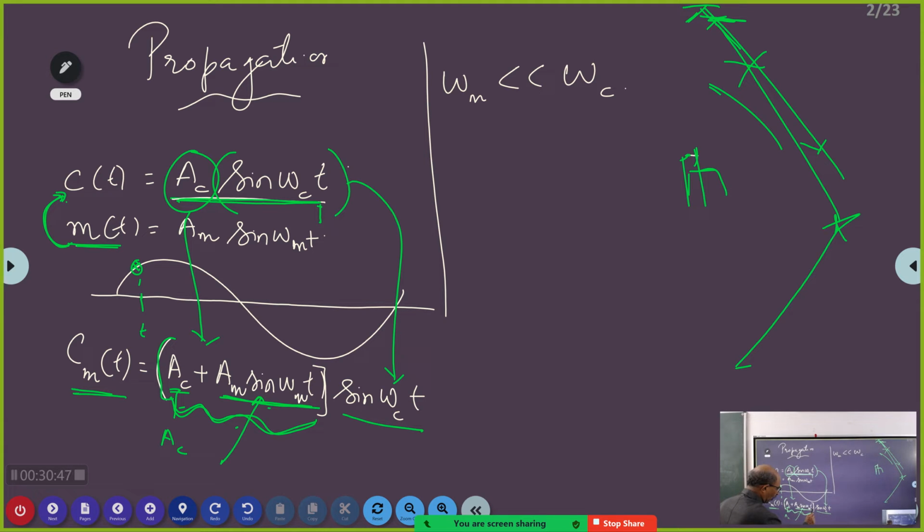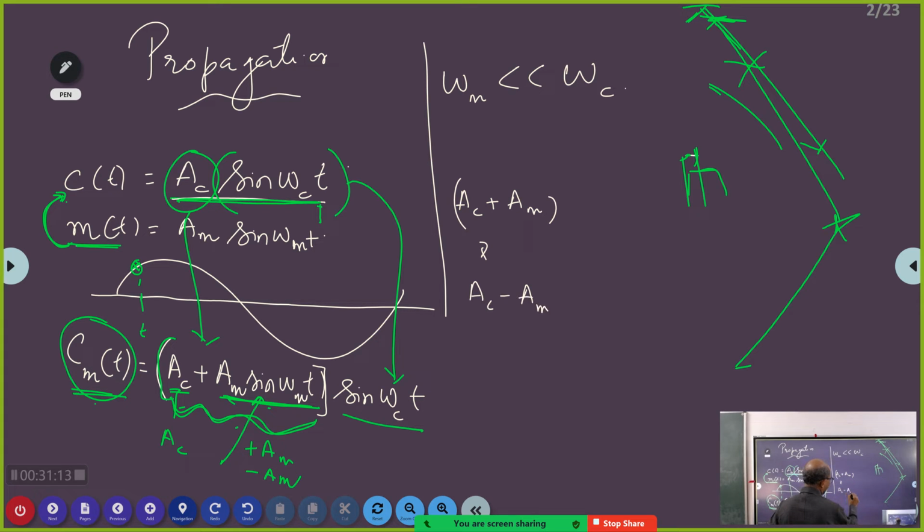Now the maximum value of this part will be plus AM and the minimum value of this will be minus AM. Correct? That means the resultant waveform will have amplitude AC plus AM and AC minus AM. Got it?